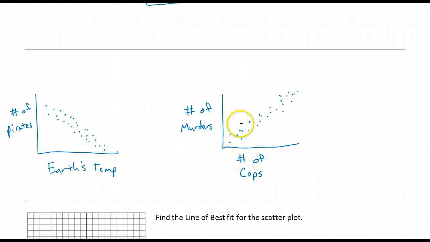Now there is a correlation here. The more cops on duty, the more murders there are. But that doesn't mean that there's a causation. The more cops are not causing more murders.